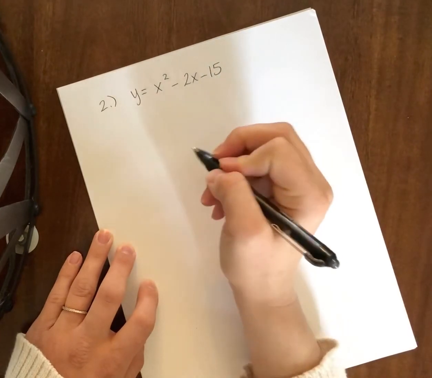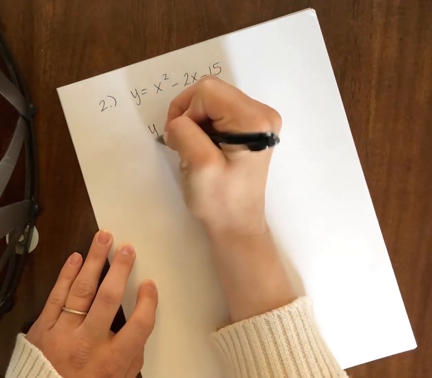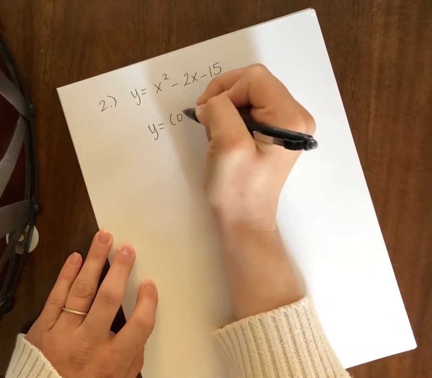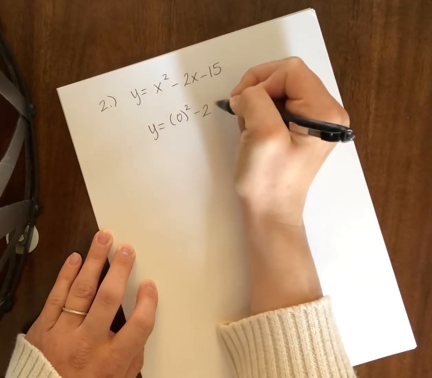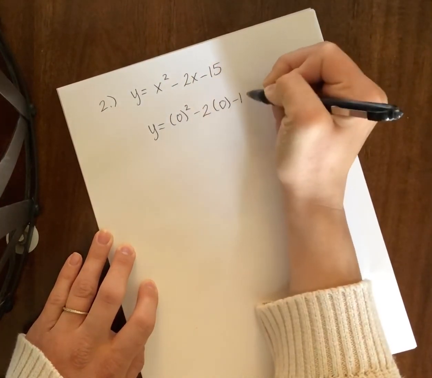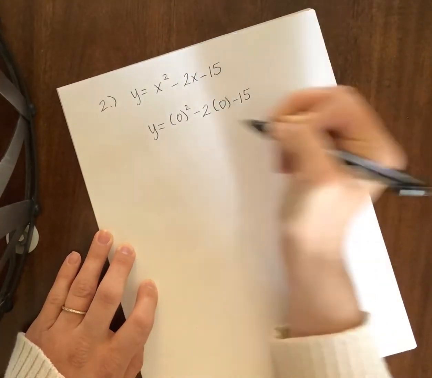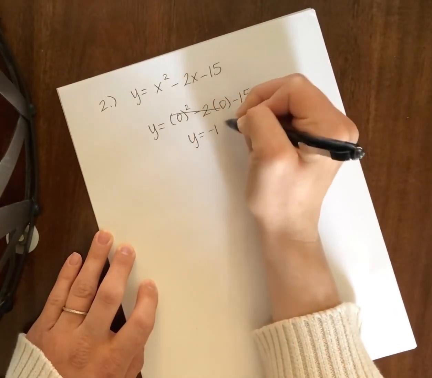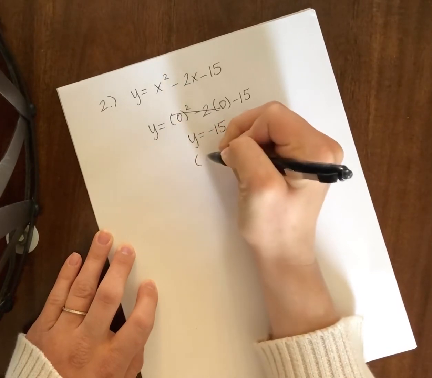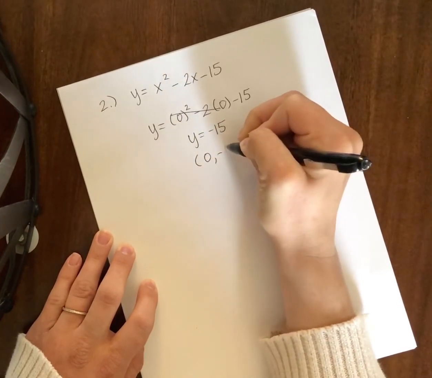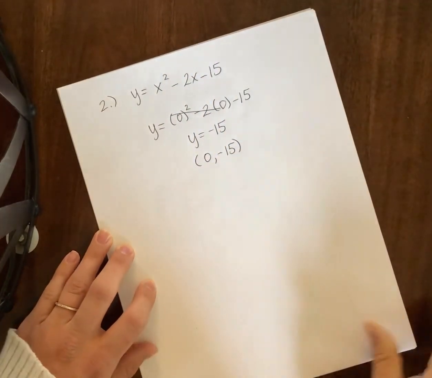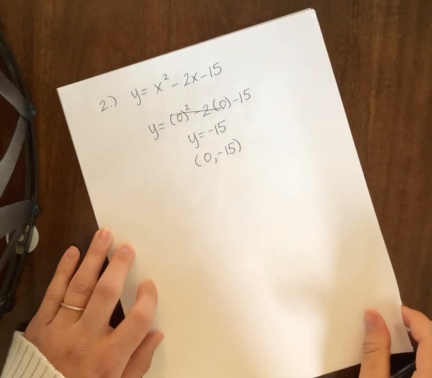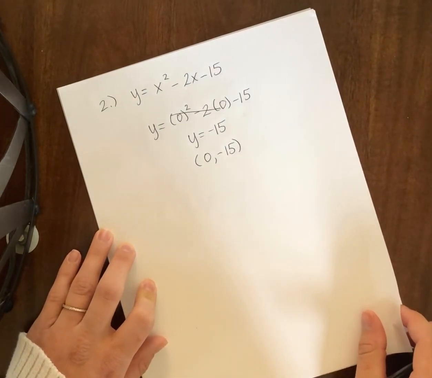So to find the y-intercept, I'm going to replace these x's with 0. It all becomes 0 there, so you're left with y equals negative 15. So the y-intercept would be 0 comma negative 15. Okay, so that's for number 2, to find the y-intercept.